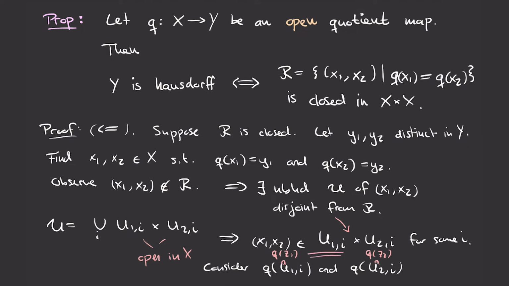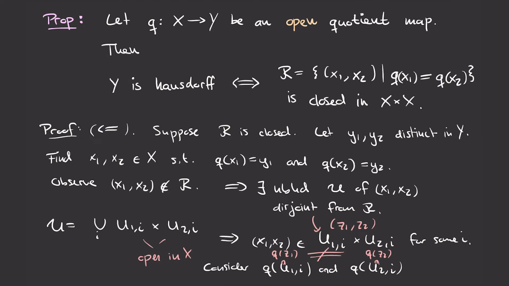Now, if these were equal, then we could just look at the point Z1, Z2, which is an element of U1i times U2i, and for this element, it holds that Q of Z1 is equal to Q of Z2, which would mean that this point was actually contained in R. But this contradicts the fact that this set U1i times U2i is actually disjoint from R. Hence, this contradiction shows that it's not possible to have a point in the intersection of these sets.